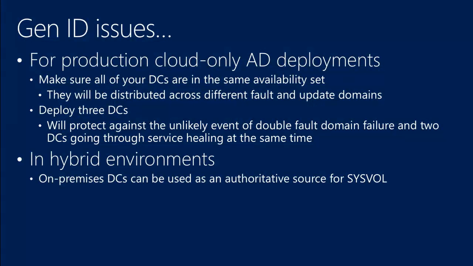And if there are any changes, it just brings them across. So what's the key thing you've got to remember? You put them in the same availability set, which then distributes them across the fault domains.